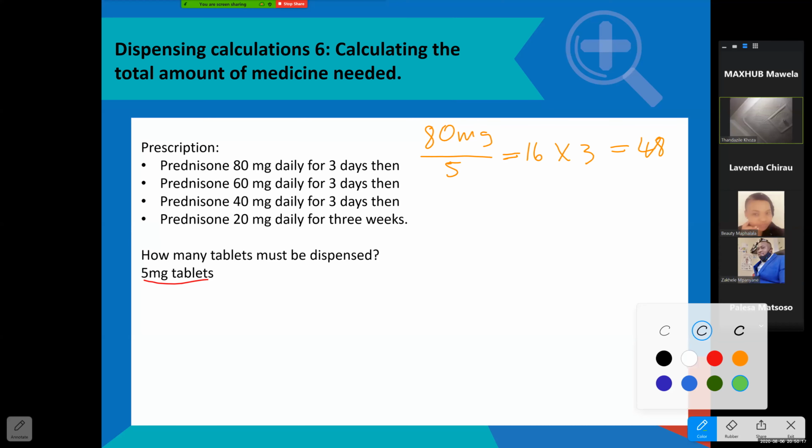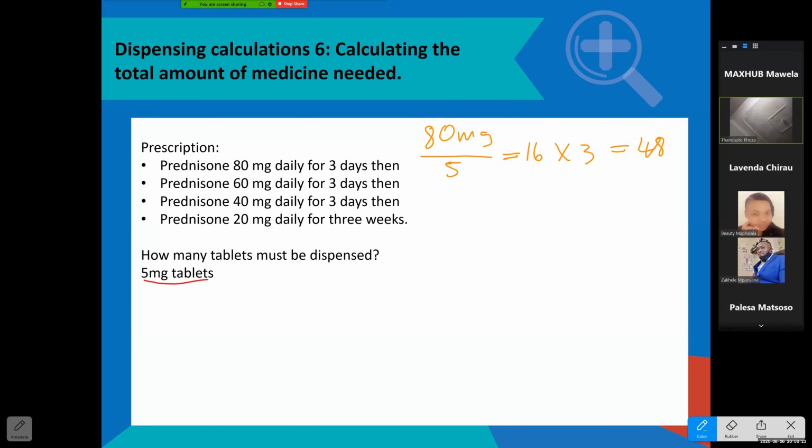The next one. What is 60 divided by 5? 12. 60 divided by 5 milligrams gives you 12. 12 times 3 gives you 36. Right?